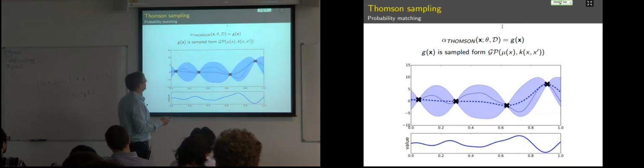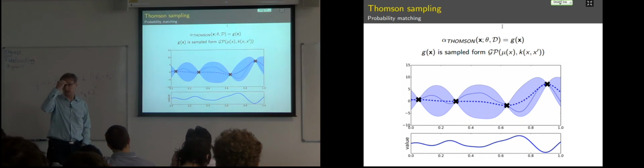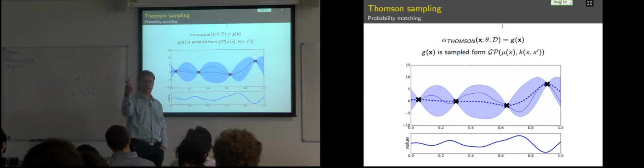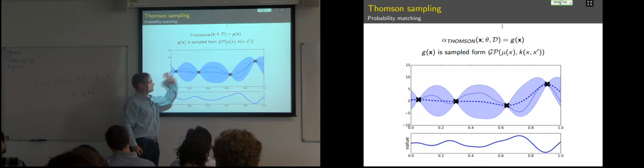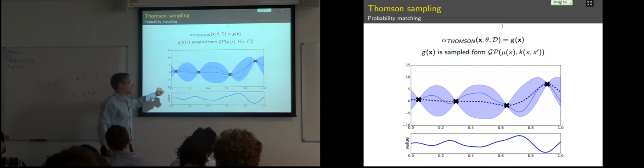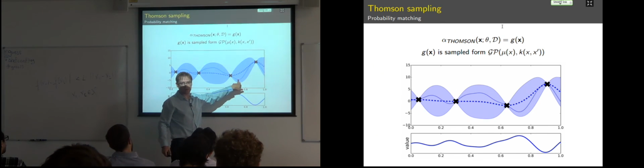Okay, so you can do something that is Thompson sampling. It's somehow what we did in the example, but just for one sample, right? So something you can do is to say, well, this is my GP, I'm going to draw a sample of it, calculate the minimum of the sample, and use that as a new point to evaluate.